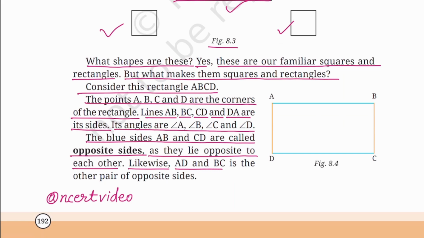Likewise, AD and BC are the other pair of opposite sides. AB and DC are opposite sides. Similarly, AD and BC are opposite sides.